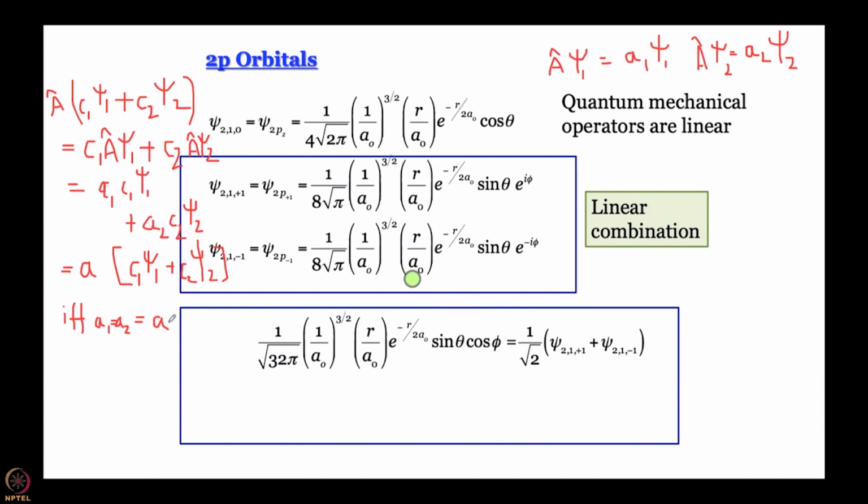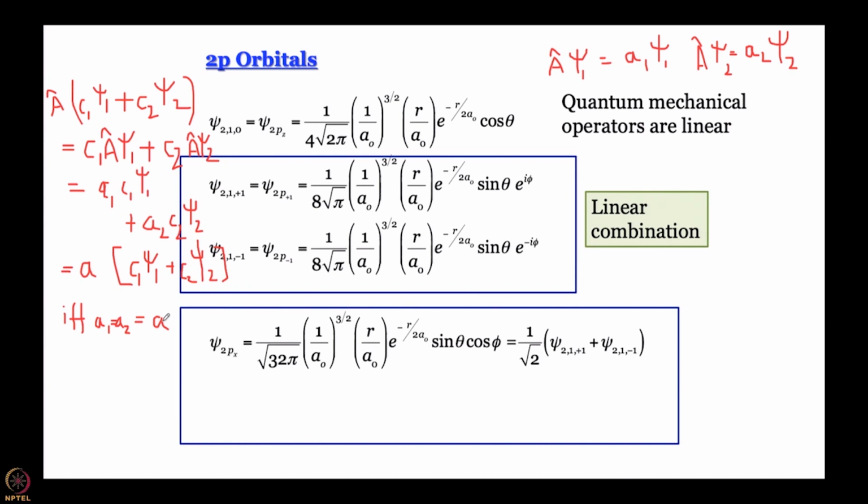What is e to the power i phi plus e to the power minus i phi? It turns out to be cos phi, right. Not exactly cos phi, there is a factor of 2. So, you are left with sin theta cos phi, 1 by root over 32 pi, 1 by a0 to the power 3 by 2, multiplied by r by a0, e to the power minus r by 2 a0, sin theta cos phi. It is a real function, right.